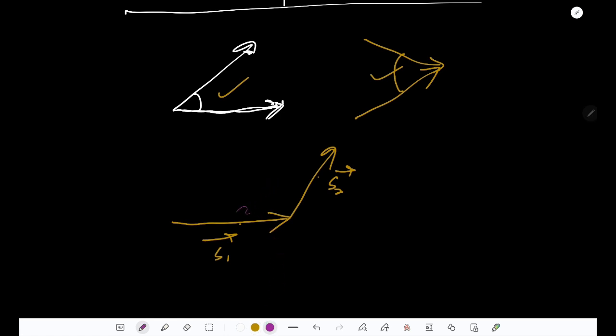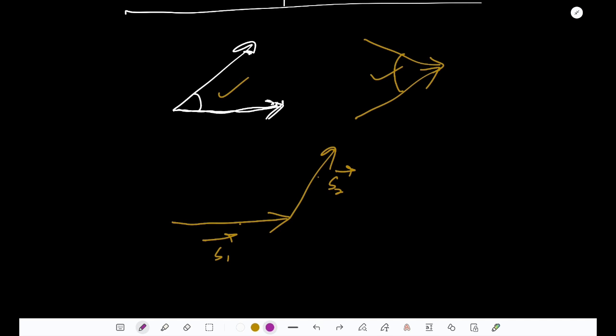You will be tempted to choose this as the angle between these two vectors, but this is incorrect. This cannot be. Why? Because these arrows are thought to be a close relative of light arrows.